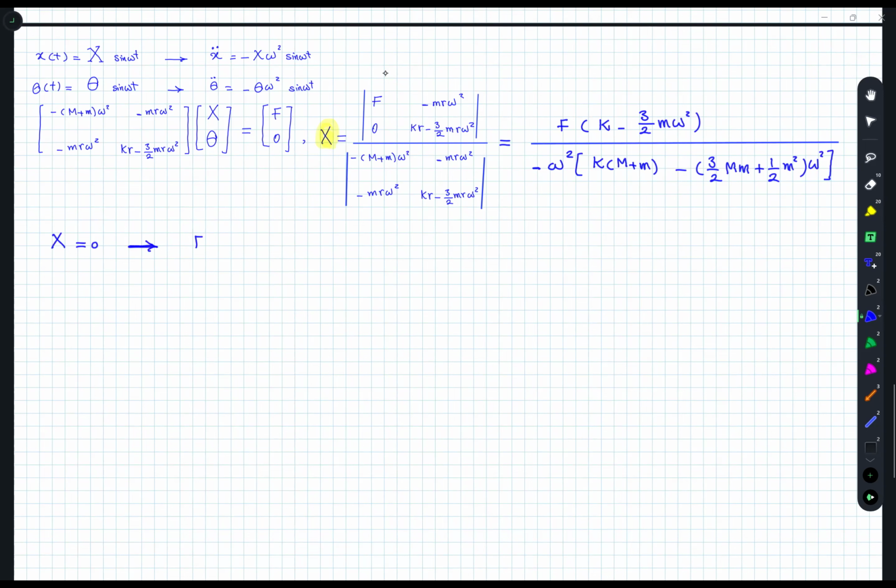It means f times k minus m omega squared equals 0, and it gives me omega equal to 2k over 3m. So at this frequency, x is 0. It does not move, which is interesting, right? At that particular number, something will happen to this system.